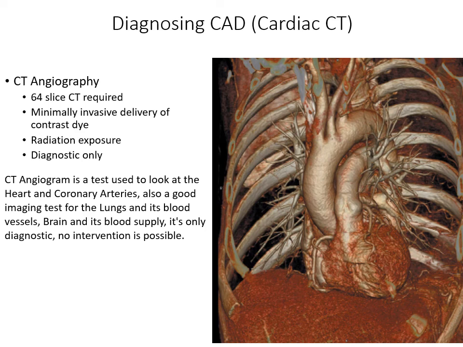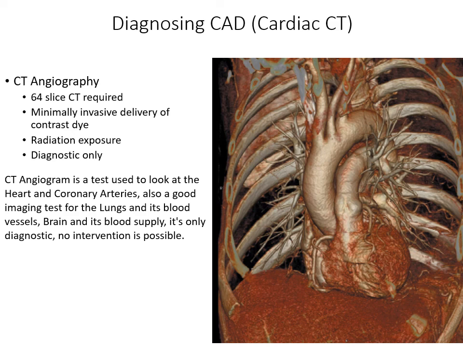There's a good chance we can see the occlusions, the blockages in the coronary arteries. The downside is that you can't do anything about it with this test. It's only for diagnosis, and you also have to accept radiation exposure from the CT scan. It hasn't really taken off as a fantastic test.